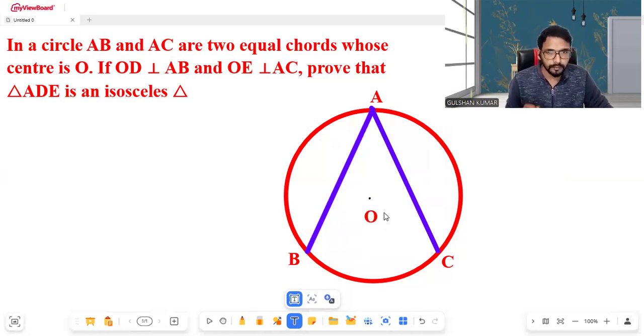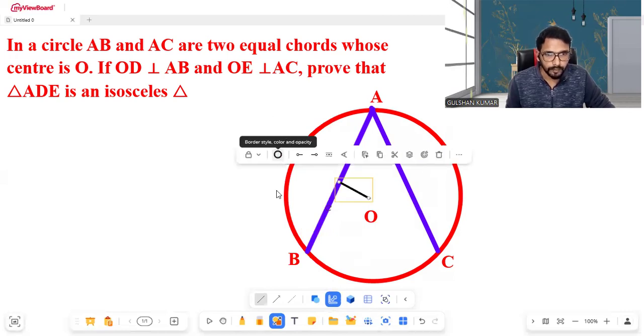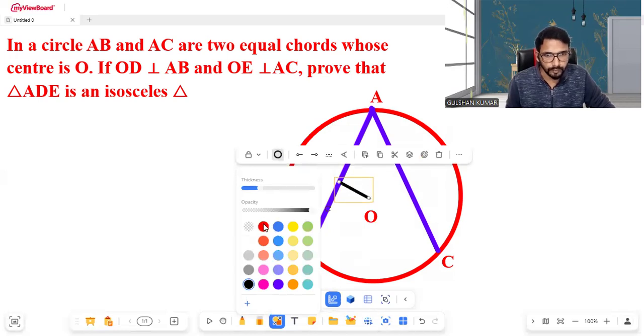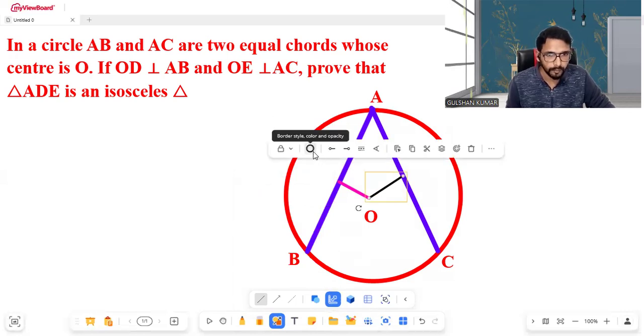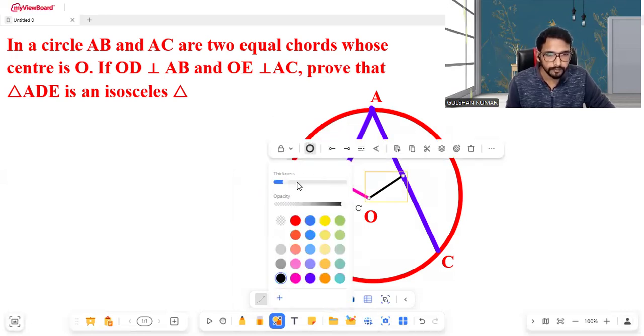From this center, according to the question, we have to make a perpendicular over here, and another one from here to here. These are perpendicular to AB and AC.